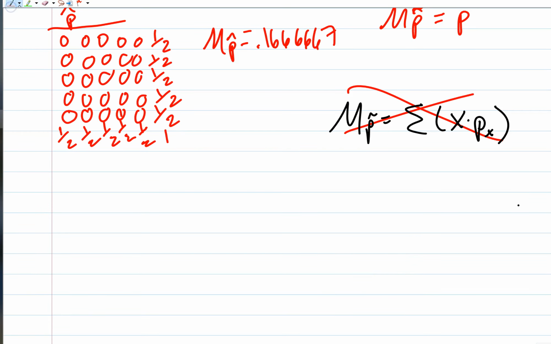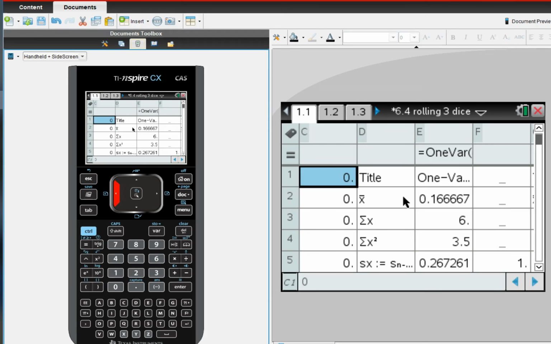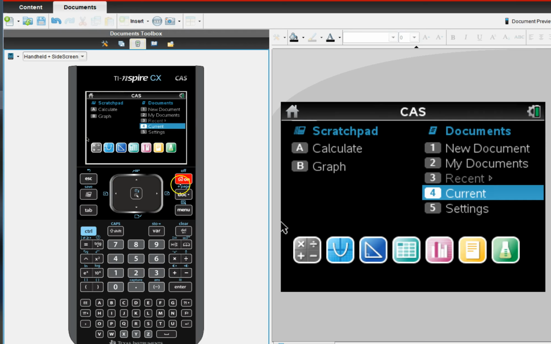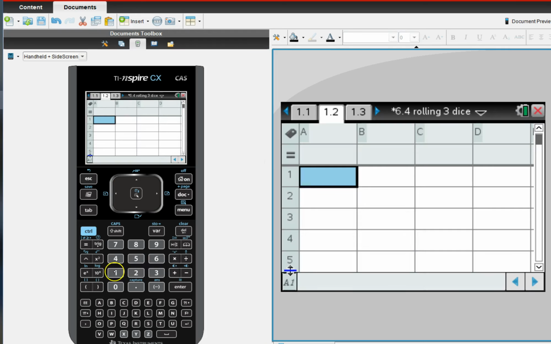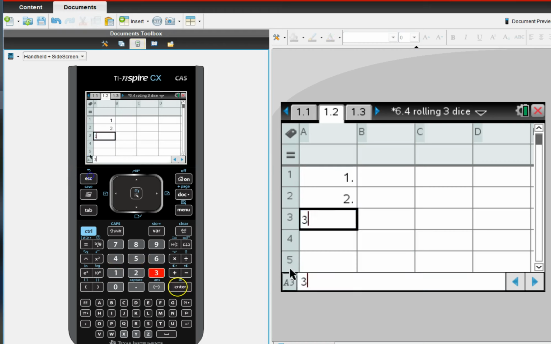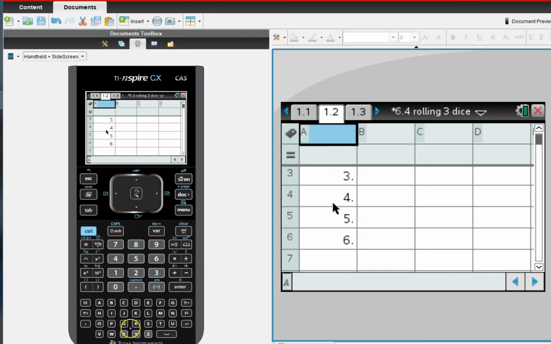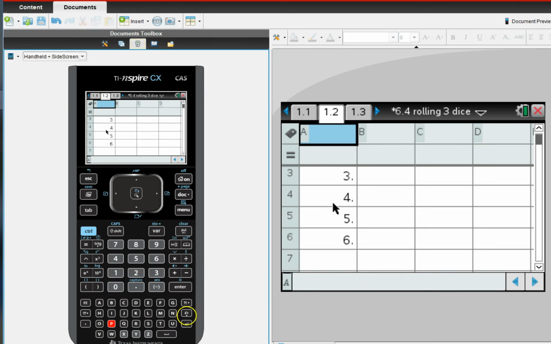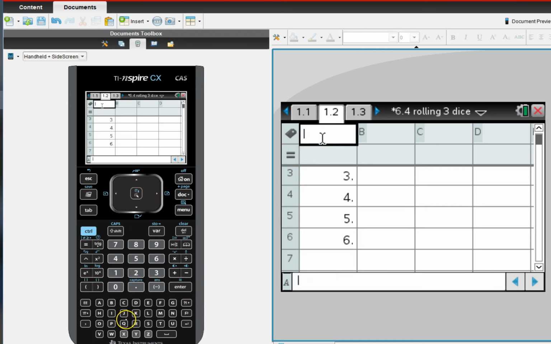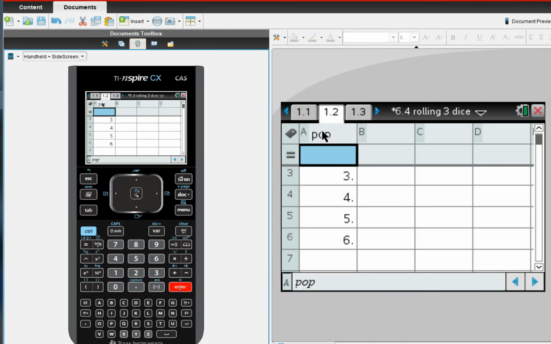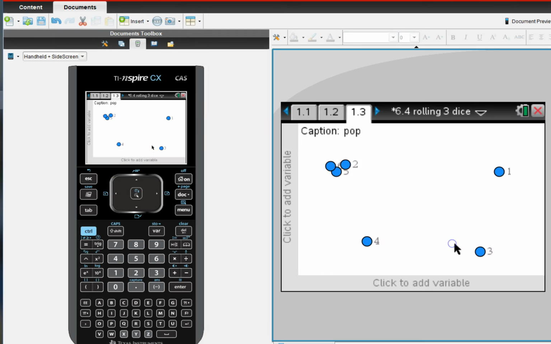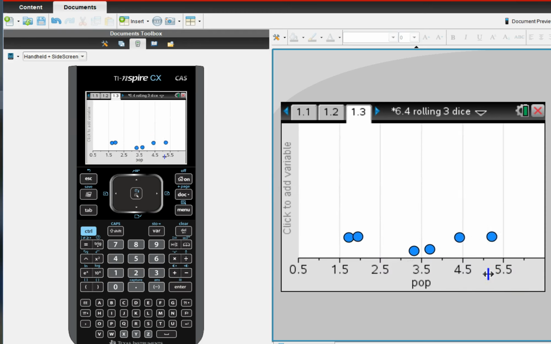What's kind of neat is if I just took the population 1 through 6, okay? So if I just took the numbers 1 through 6, and I called that our population, if I was to graph that, the population would not be normal.